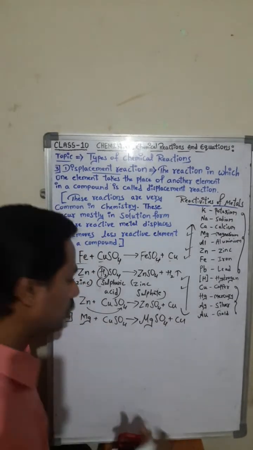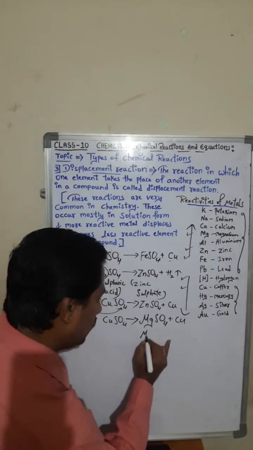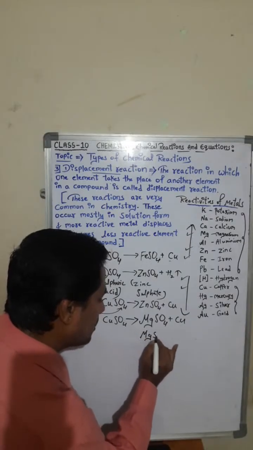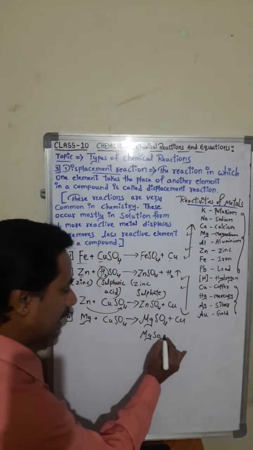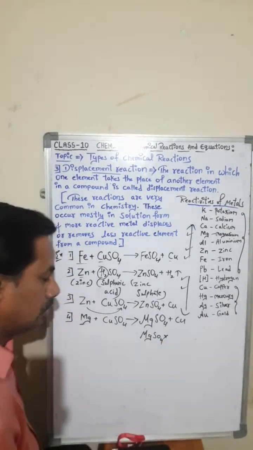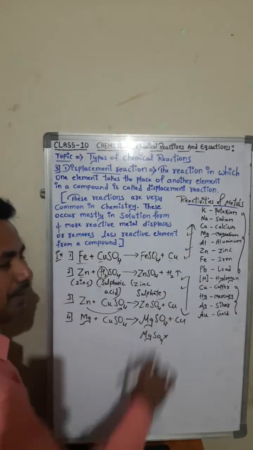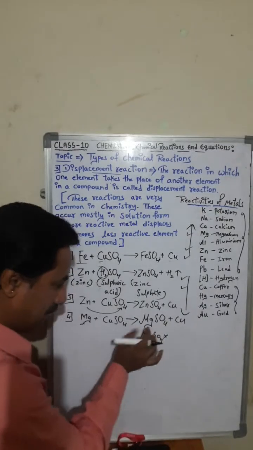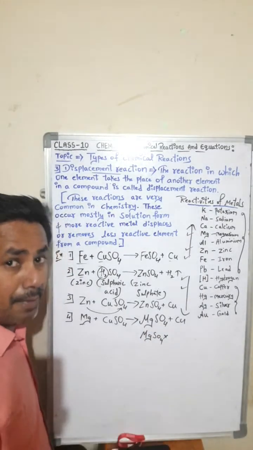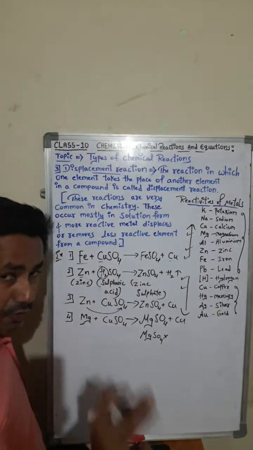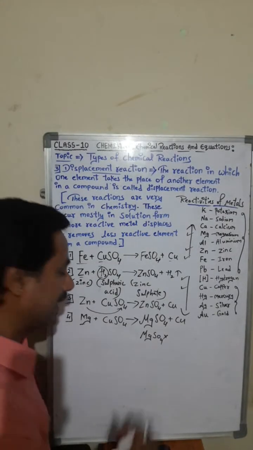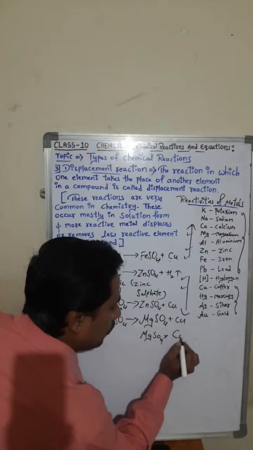See, one thing I want to tell you: you do not have to write like this. If you write this, it will become wrong. O always you have to write in capital because sulfur, oxygen, magnesium, three elements are combined. I always observe a few students writing CO2 in the examination with a small o.